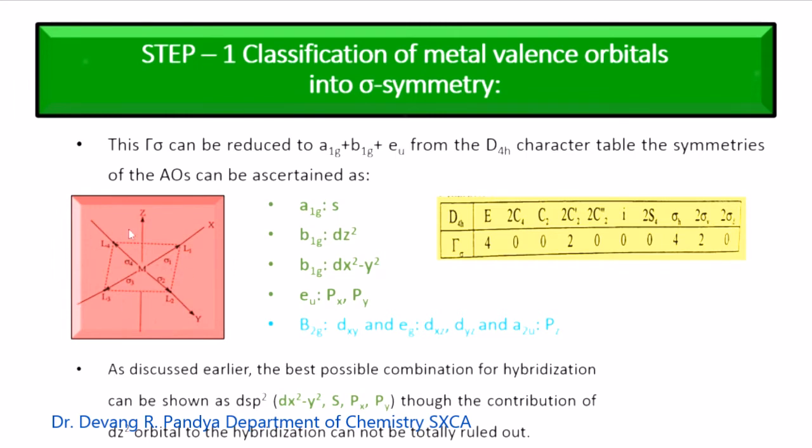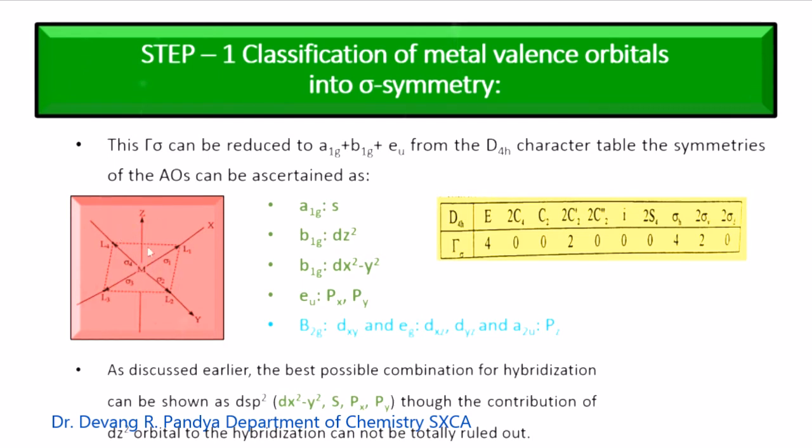In square planar geometry, there is no ligand on the z-axis, while on the x-axis ligands 1 and 3 are there, and on the y-axis ligands 2 and 4 are there. That means the approaching direction of the ligands is axial once again, like octahedral geometry. The only difference is that in octahedral, the z-axis also has ligands 5 and 6, which are missing here. So only a planar arrangement is there, and that is why we say it is square planar geometry.